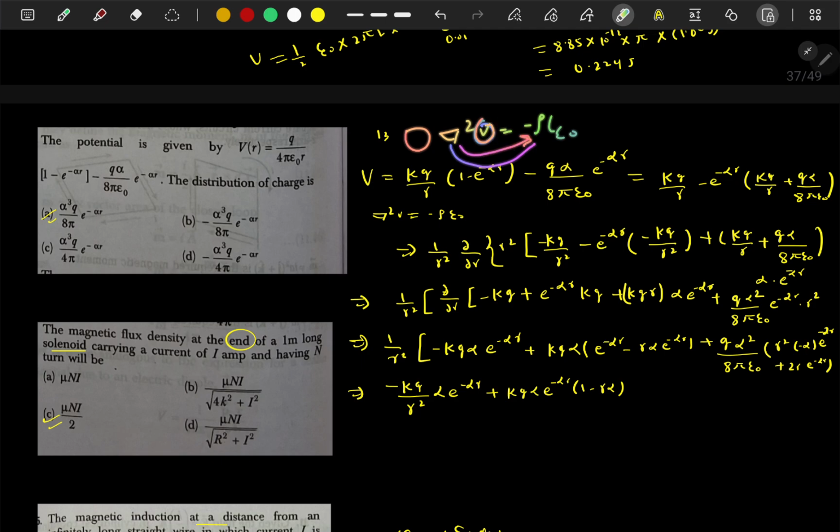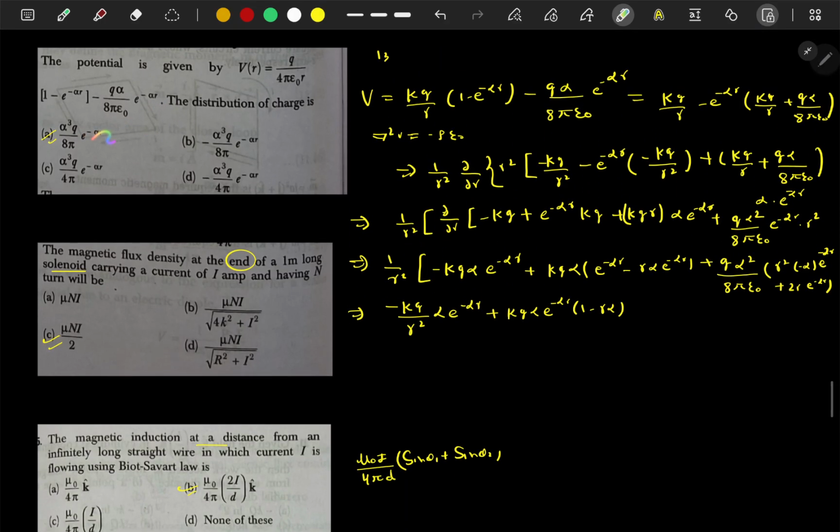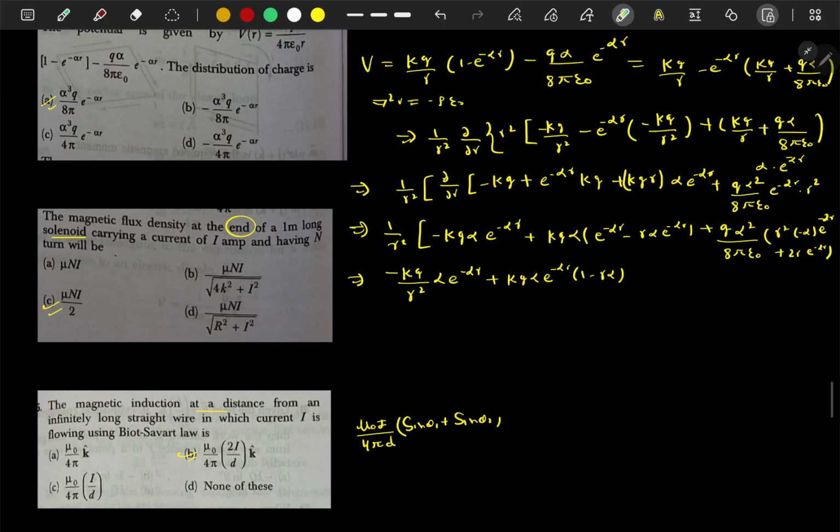When you are left with V, you will get rho, and from rho you can calculate the charge distribution. When you follow this process, you will get the answer alpha Q by 8 pi e raised to minus alpha r.